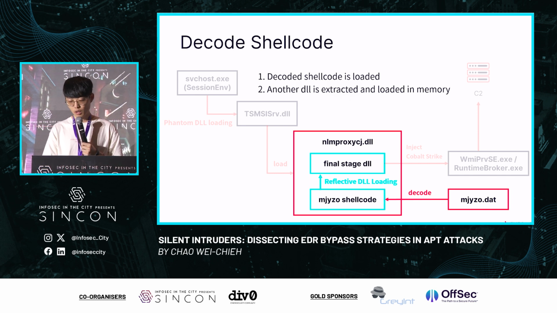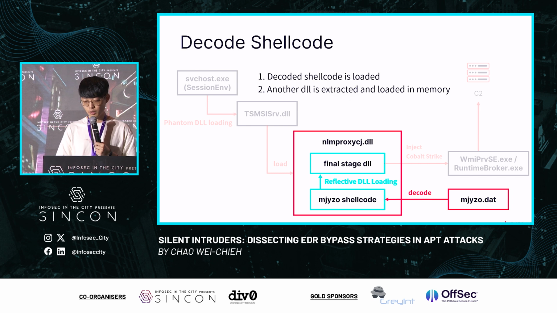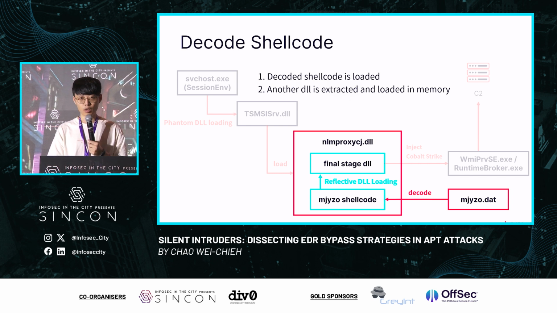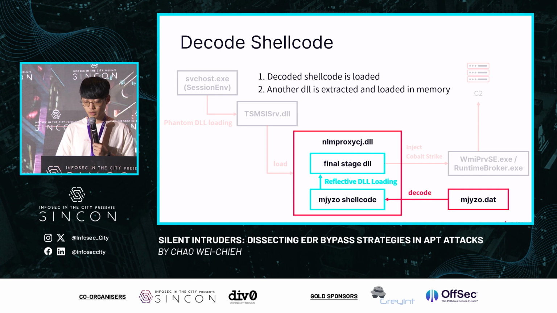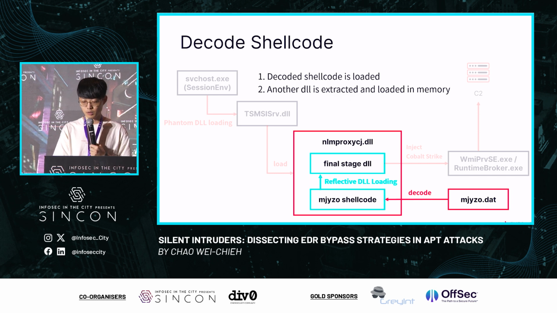And this is a common pattern now for attackers to encode the shellcode on the file system and load it into memory, because the attacker doesn't want the file to be detected by simple pattern matching, by a simple rule from the scanner.